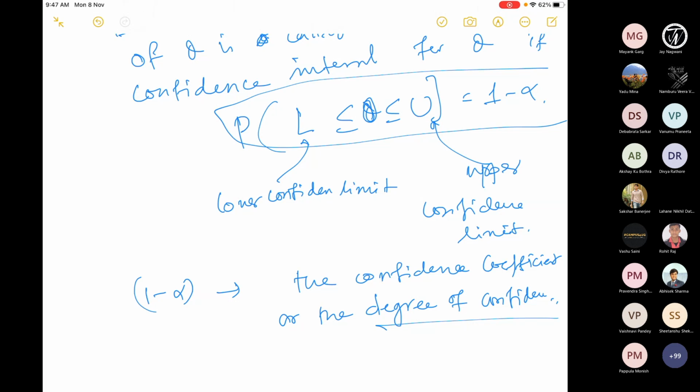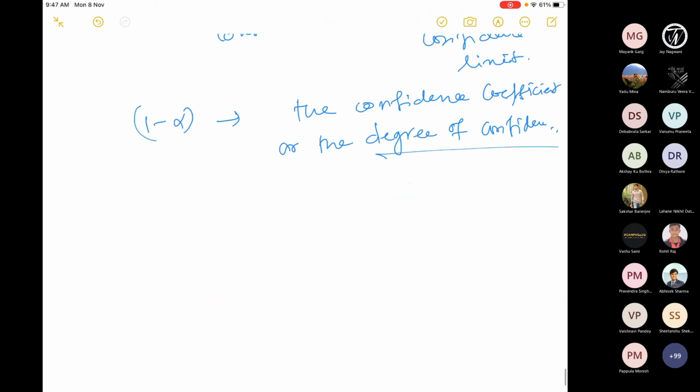There are different ways to construct confidence intervals, just like there are different methods like MOM and ML, the moment method and maximum likelihood method. Here also there are different methods to produce a confidence interval. I'll discuss only two.